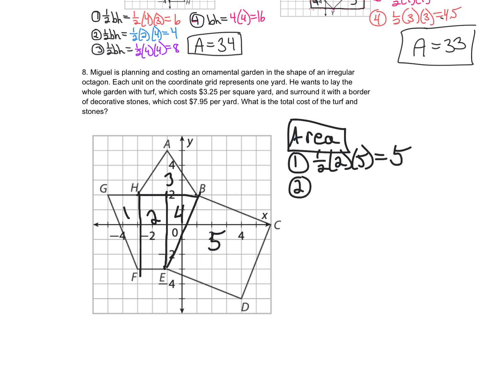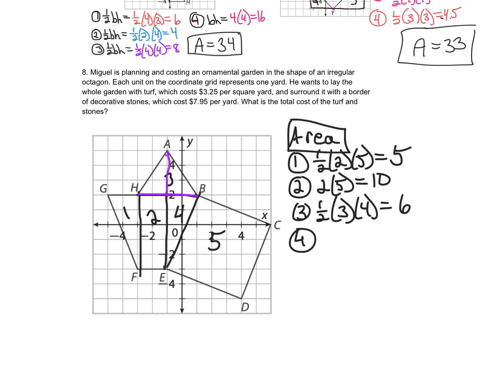Number 2 is 2 times 5. 1, 2, 3, 4, 5, which is 10. Shape 3. Okay, so the height 1, 2, 3, and the base 1, 2, 3, 4. So 1/2 times 3 times 4 is 6. Number 4 is 1/2 times 2 times 5.